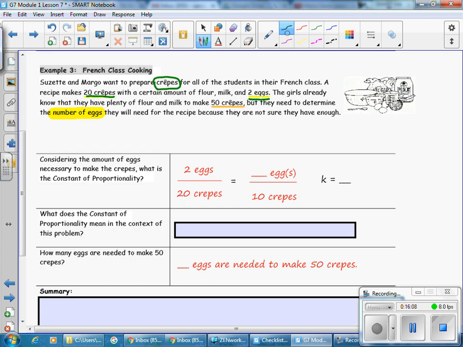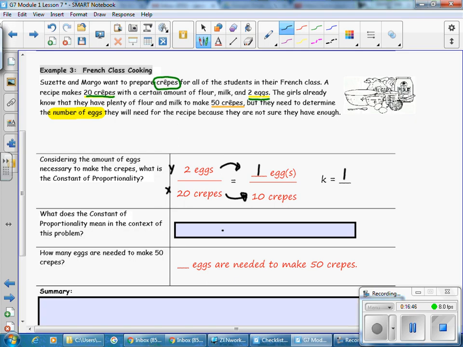Well, if you look, you're going to be making half the amount, and so this number would be half the amount as well. Another way to think about it is y divided by x. So 2 divided by 20. 2 divided by 20 is 1/10. So that will take 1 egg. And so the constant of proportionality is 1.